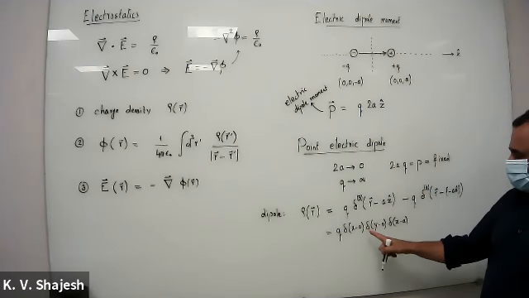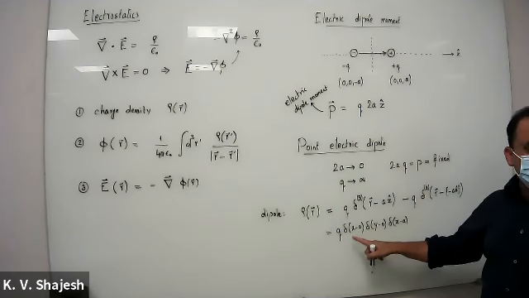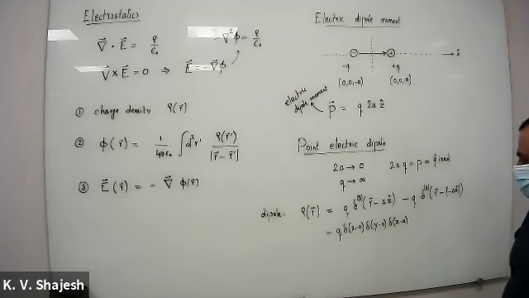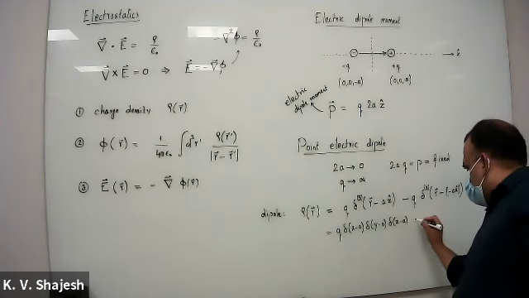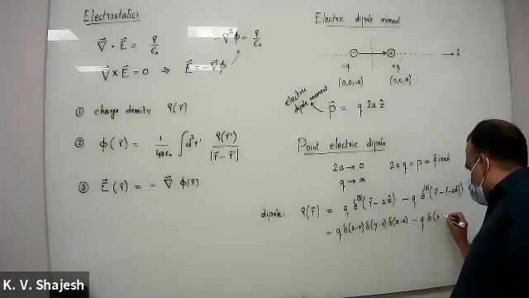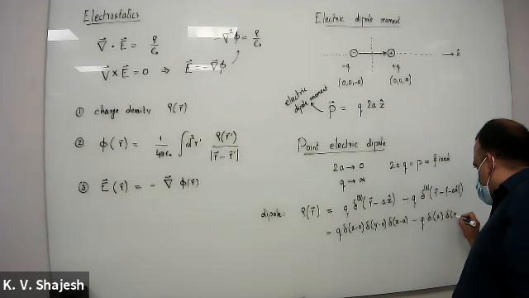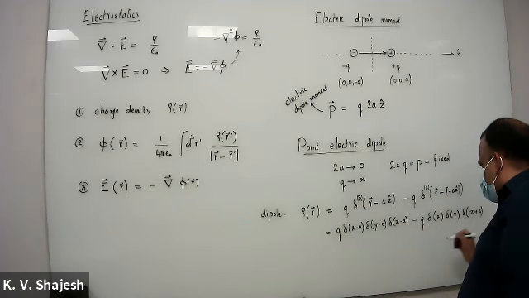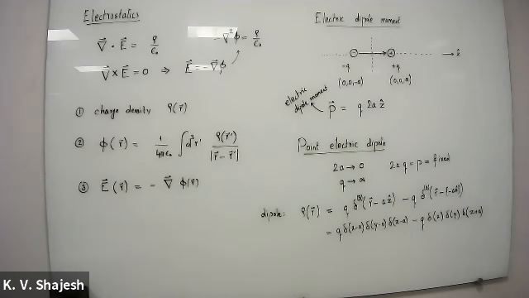So you don't have to write the 0s: delta of x, delta of y, and delta of z minus a. And the second charge is similarly delta of x, delta of y, and delta of z plus a. That's pretty much what your charge density is.